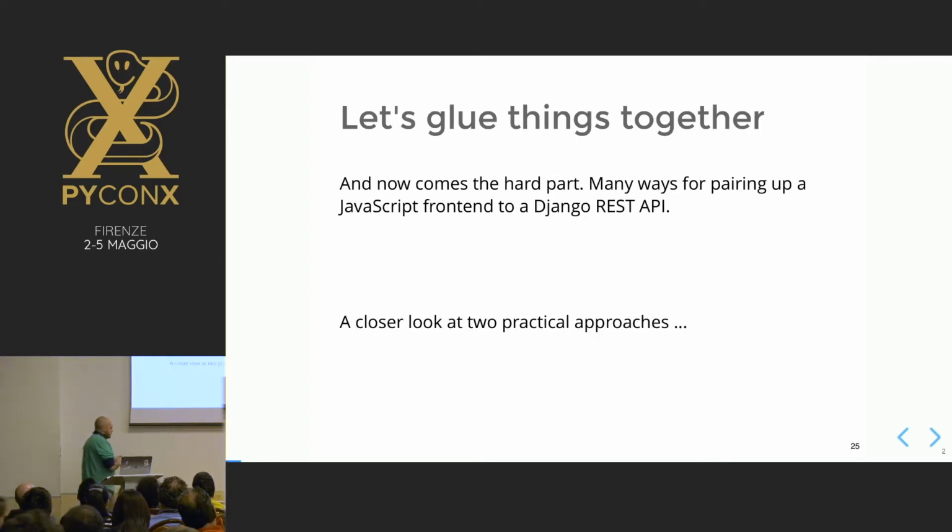Now, once you have a Django REST framework application and a JavaScript frontend, you may want to glue things together. That's what I consider the part of the workflow, because there are many ways of pairing up a React frontend, a JavaScript frontend, with a REST API, and I came up with two practical approaches.